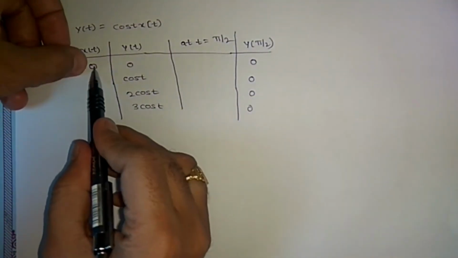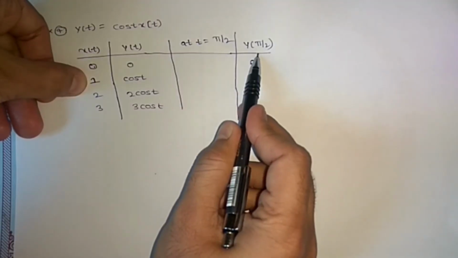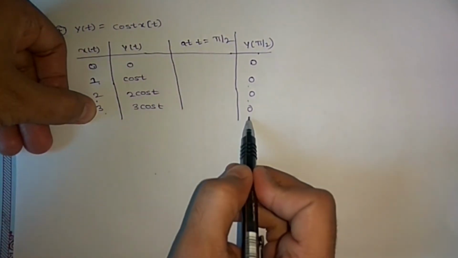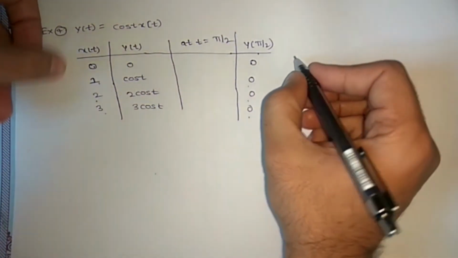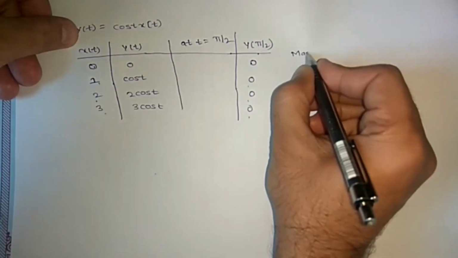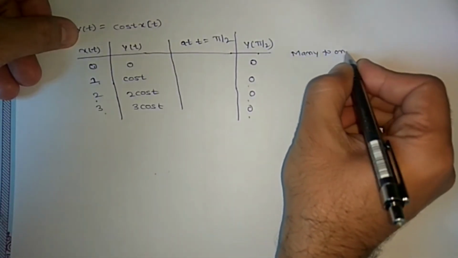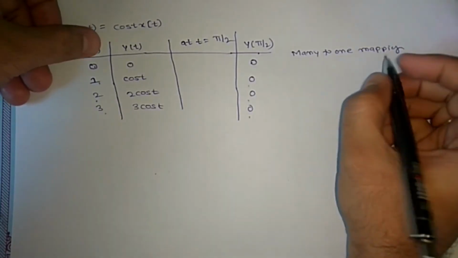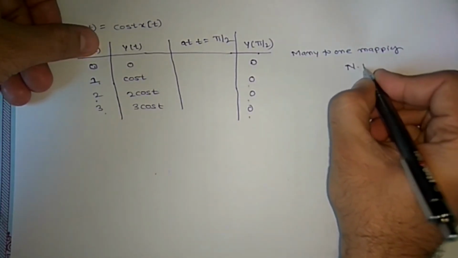So for 0 also you are getting 0 at t equal to pi by 2. For 1 also you are getting 0. For 2 also you are getting 0. For 3 also you are getting 0. So it is a many-to-one mapping, right? So this is a non-invertible system.